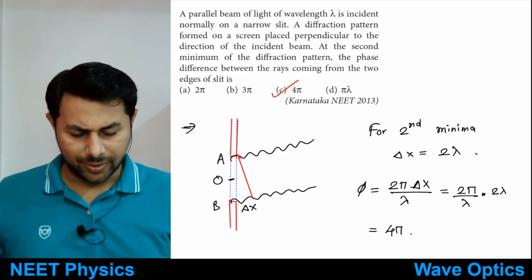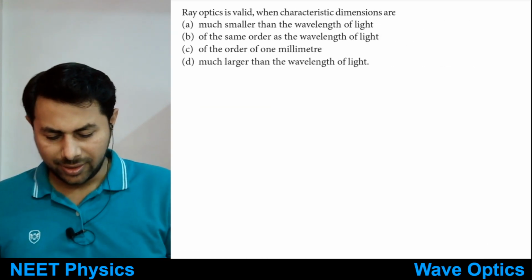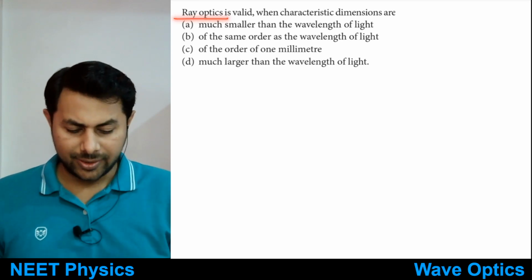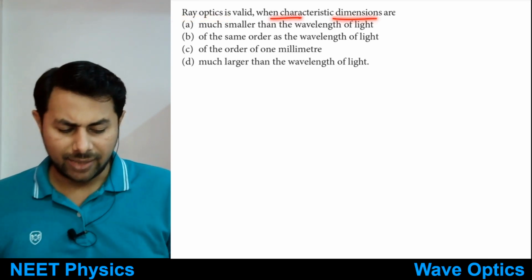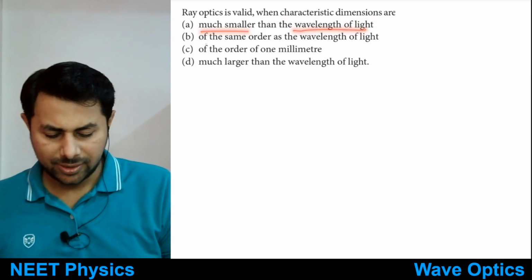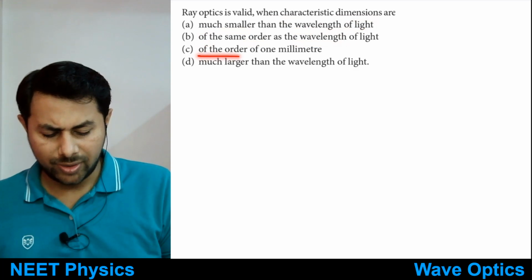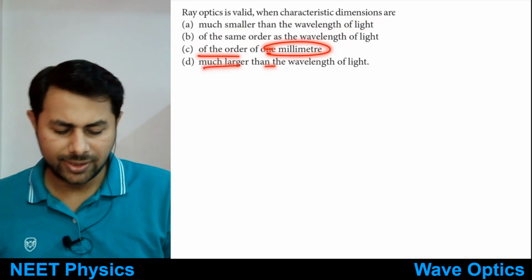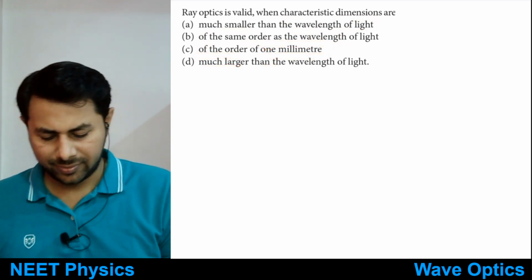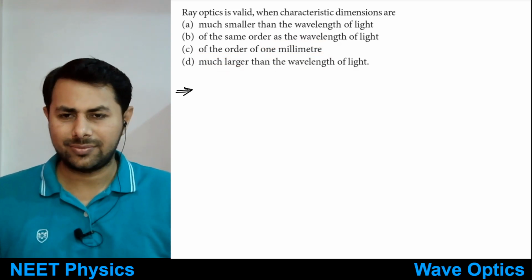All right, good. Then let's see the next question. Ray optics is valid when characteristic dimensions are much smaller than the wavelength of light, of the same order as the wavelength of light, of the order of 1 millimeter, or much larger than the wavelength of light. Tell me, what would be the answer?